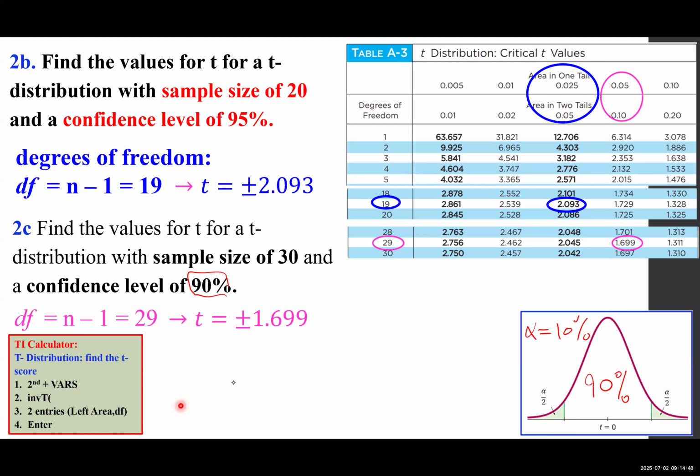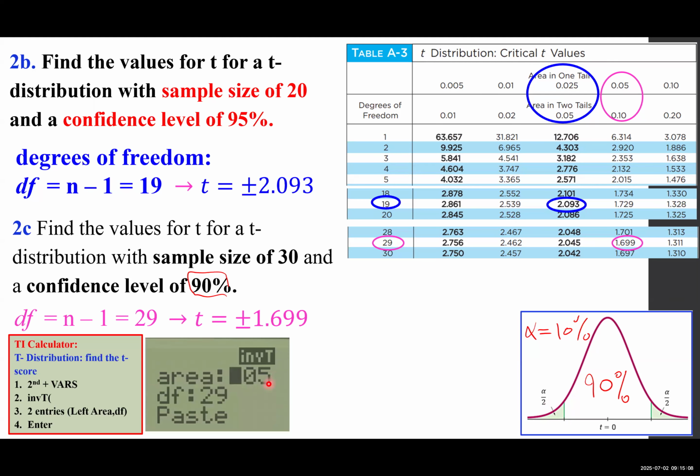To enter, you need the left area and degrees of freedom. If we are looking at this one, alpha is 10%, so the area in one tail is 5% or 0.05. So we would put 0.05, 29, and that gives us the answer.